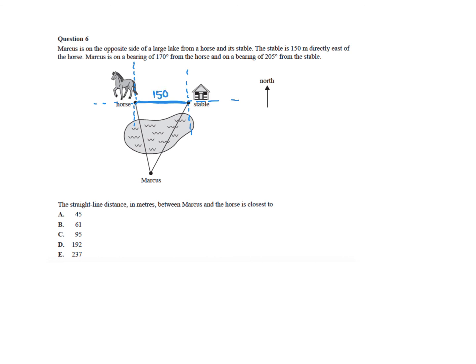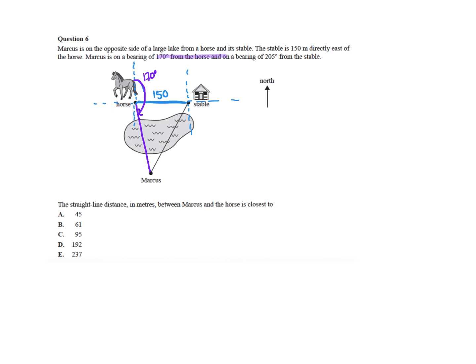Now Marcus is on a bearing of 170 from the horse. That means we start at the north line on the horse and join it to the line joining Marcus and the horse. They're saying that's 170 degrees.